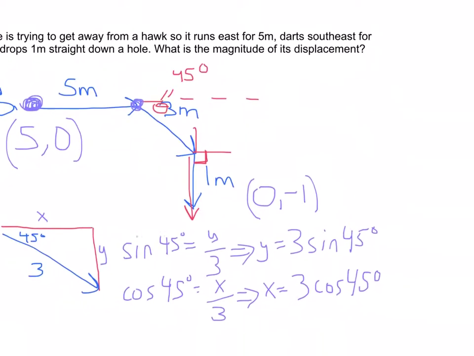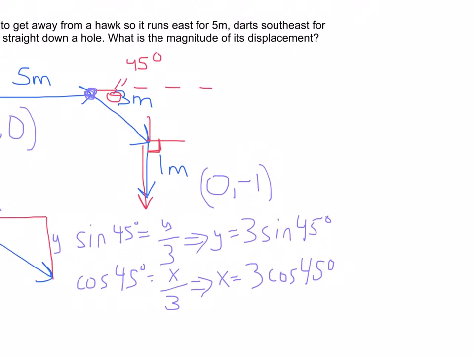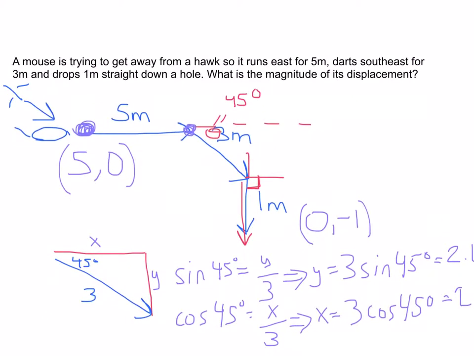This means these values here are both equal to 2.12 approximately. Therefore, if we go back, the components of this one right here are 2.12, and then y is negative 2.12.